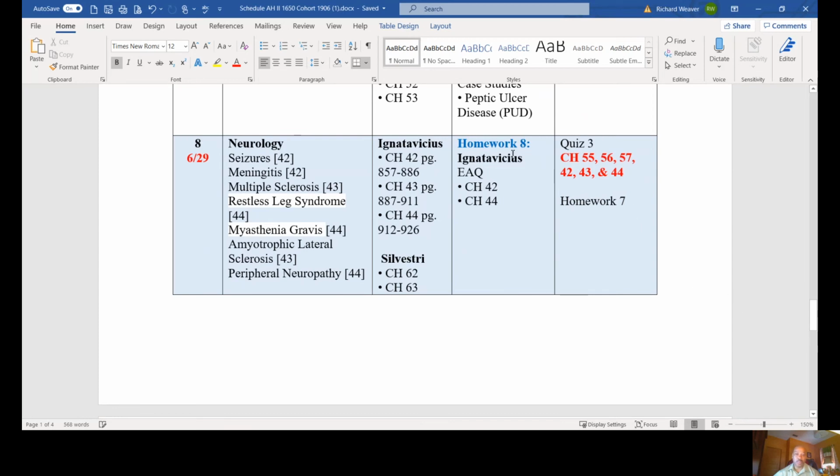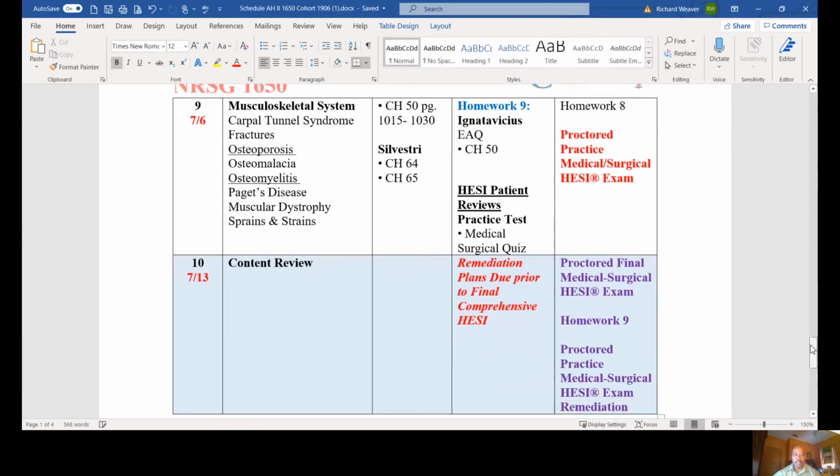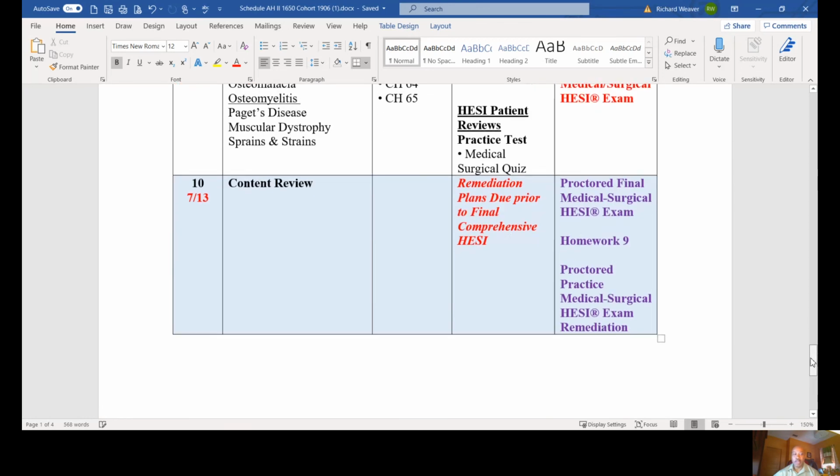Also pay attention to your EAQs here, starting with week 2, I believe. And on the 9th week, we will have the proctored HESI exam. Yeah, so on the 9th week is the proctored HESI midterm exam. And I might even move that as well. I'm not sure. We can discuss that later. And on the 10th week, you will have your final HESI.